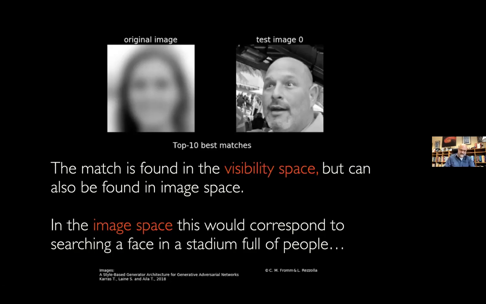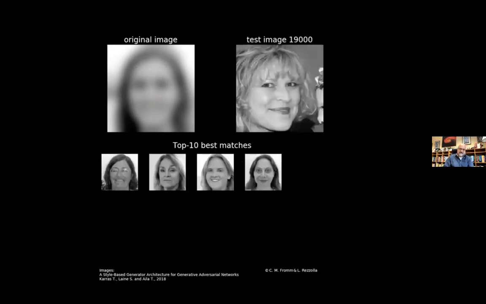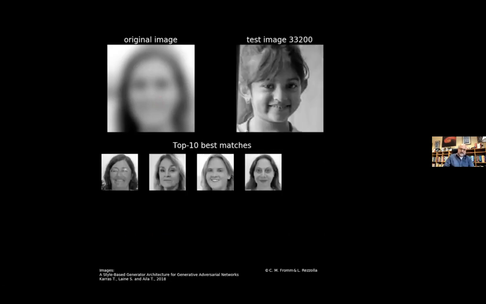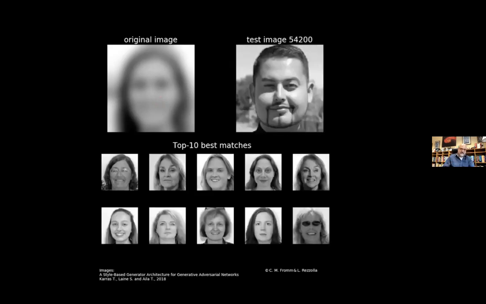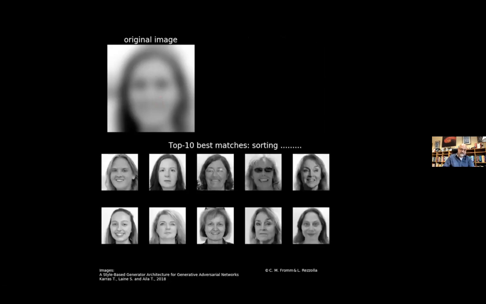What you can do is take this image and cross-check it against all of the images of all the people in the stadium. Of course, you're not going to know for sure whether the person is there. What you can do is obtain a distribution of images that resemble your original one, and find the top best matched images.